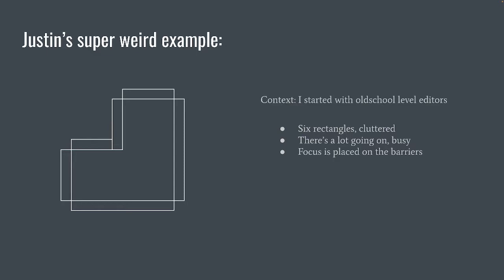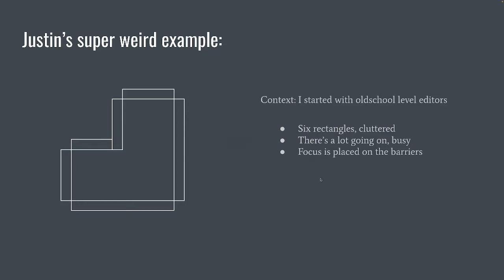So if you look at this image I put together really quickly, pretend it's a top-down view of a room, like an L-shaped room. And you'll notice that it's basically a collection of 6 rectangles to make up the walls, right? It's busy, it's cluttered, there's a lot going on. Again, my focus is on the walls, not what was inside of the walls.